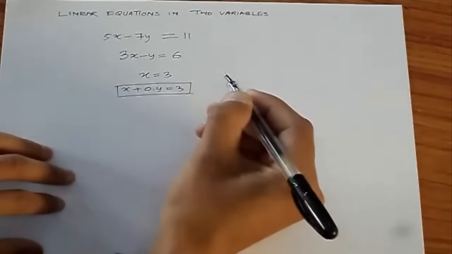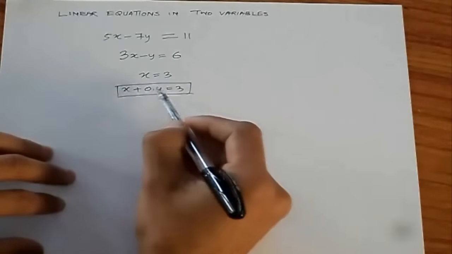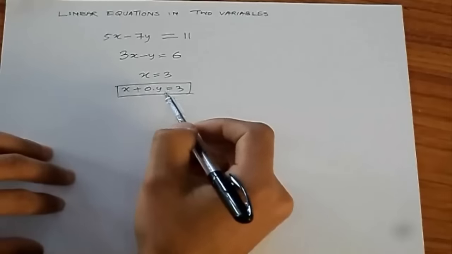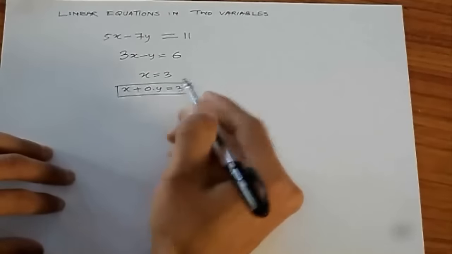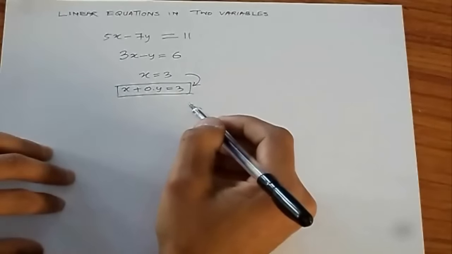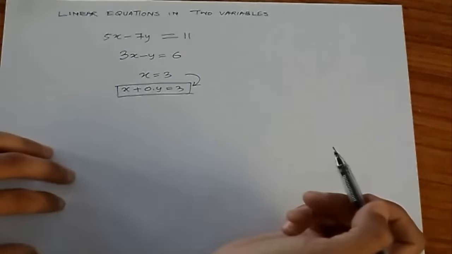Now it becomes a linear equation in two variables, because you see two different alphabetic letters. But adding y doesn't affect the equality, because y is multiplied by 0. So every linear equation in one variable can be written in the form of a linear equation in two variables.